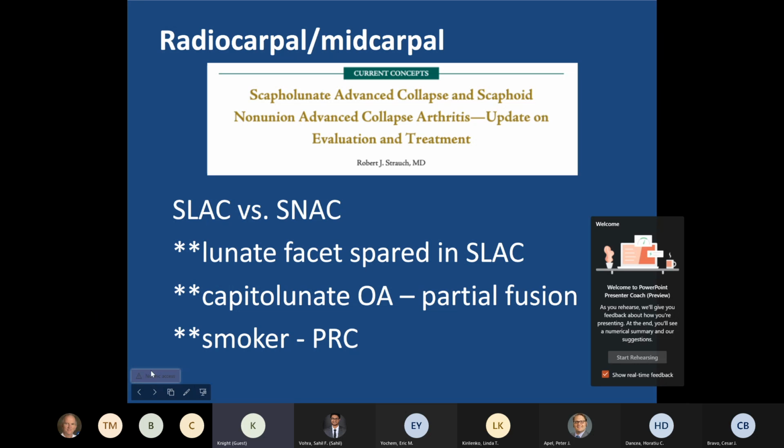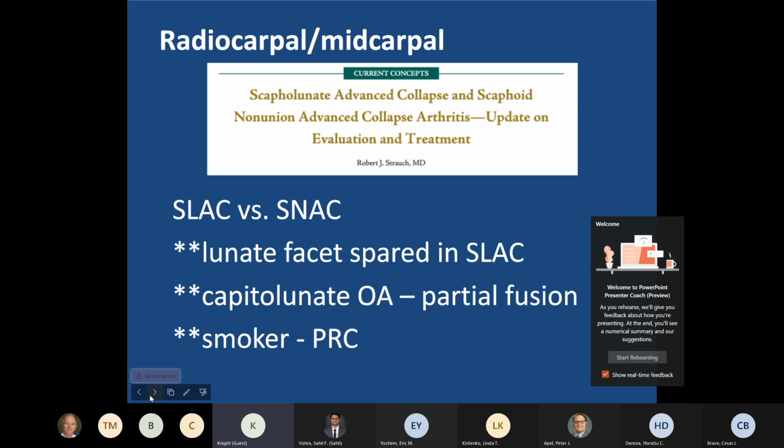So SLAC versus SNAC. One of the typical questions you get is the answer is the lunate facet is spared in SLAC wrist due to the forces on the wrist. If there's a capitolunate arthritis, usually a partial wrist fusion is preferred, a four-corner fusion with scaphoid excision.